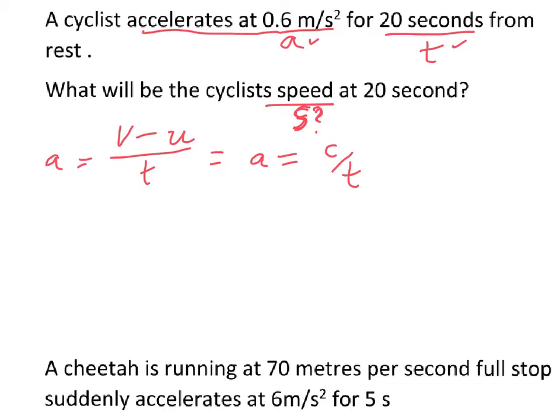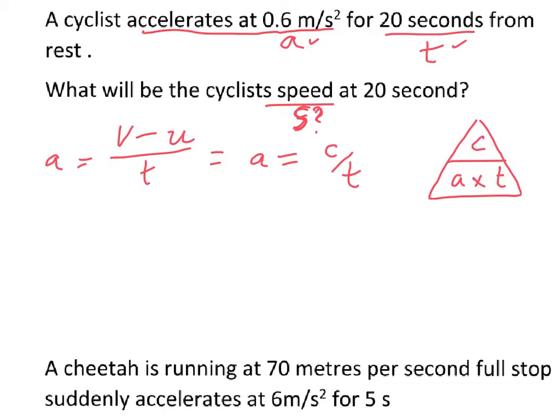This makes your rearrangement easier. You can rearrange that in the triangle if you use the triangle to solve problems like this, and this becomes A times T. So you just cross multiply the T over to this side. So C, which is the change in speed, is A times T.